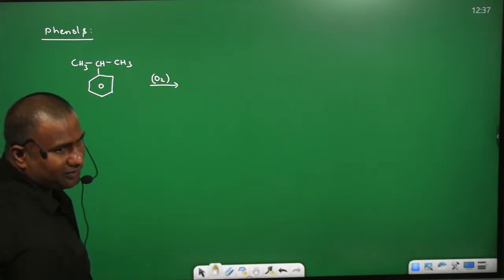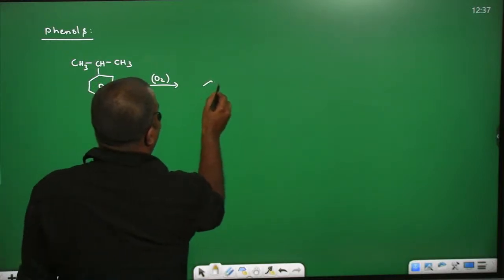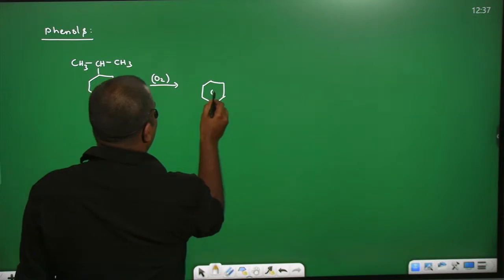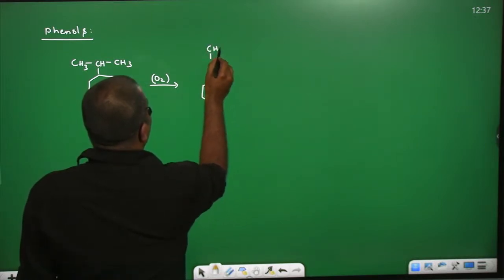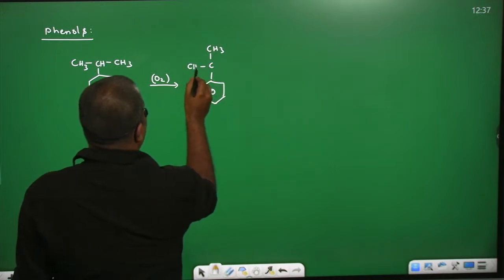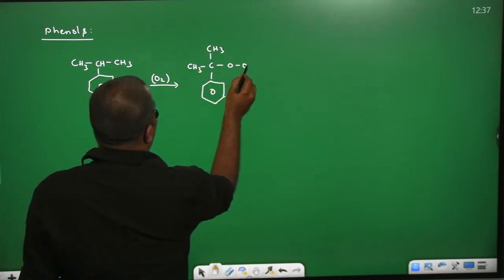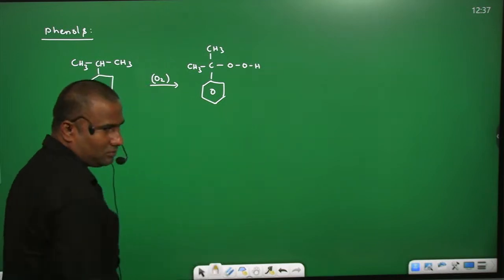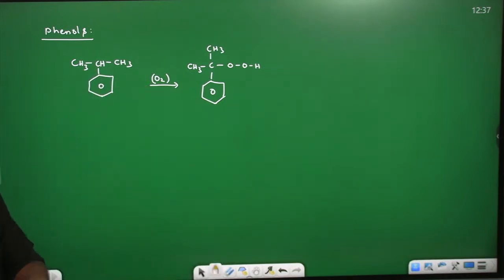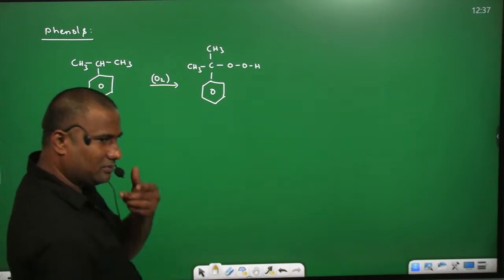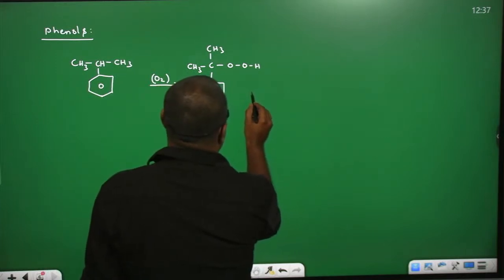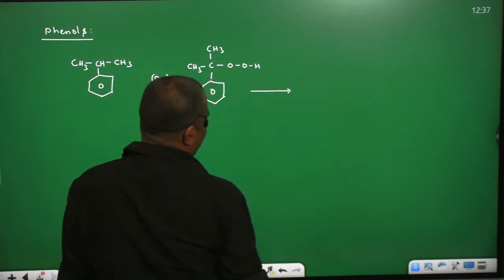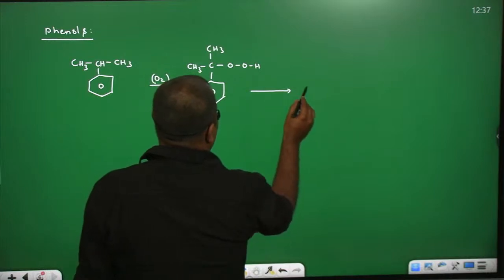Then it is going to bring cumene peroxide, which has CH3, OOH. This is called cumene peroxide. Now this cumene peroxide is going to decompose.